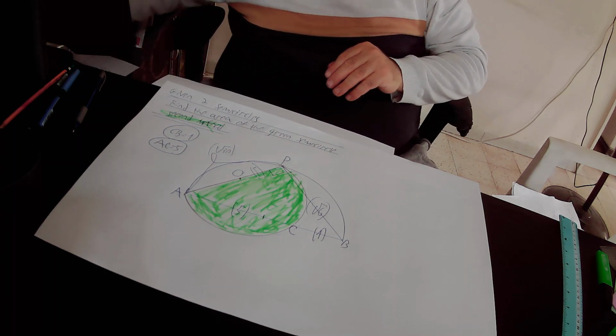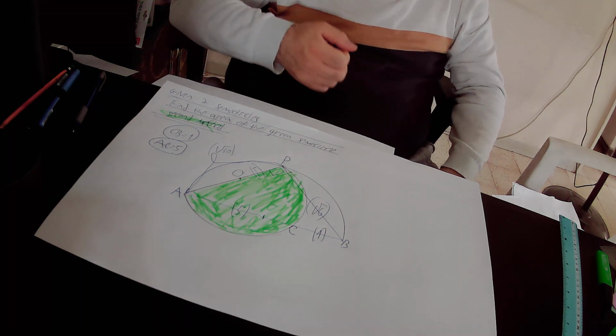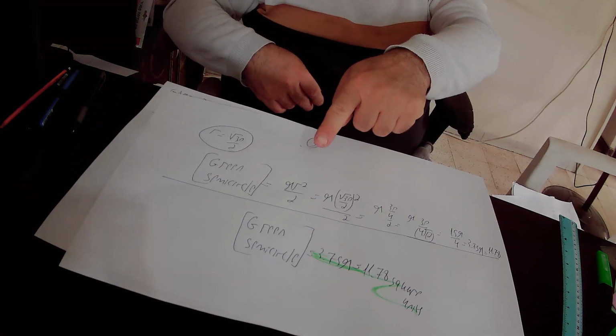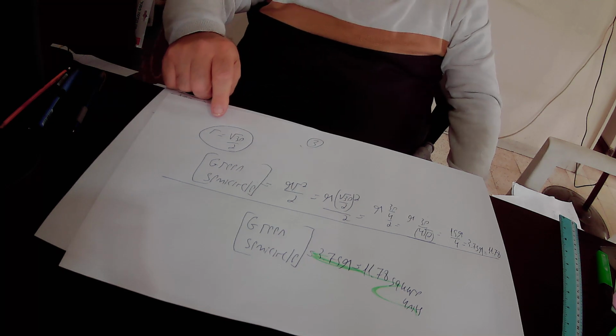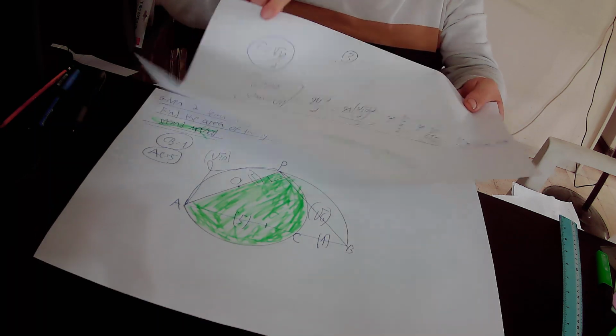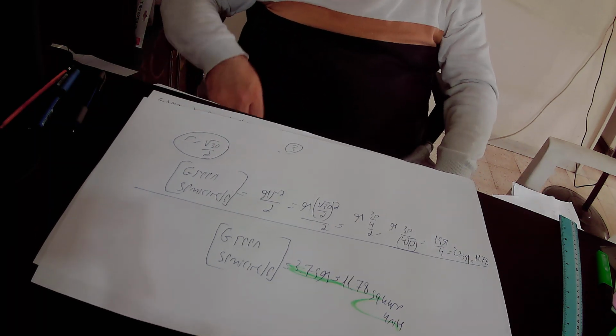Our mission is to find the area of this green semicircle. The area of the green semicircle equals pi r squared over 2. We already found that the radius R equals the square root of 30 over 2.